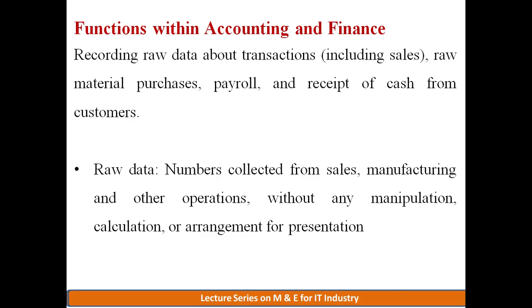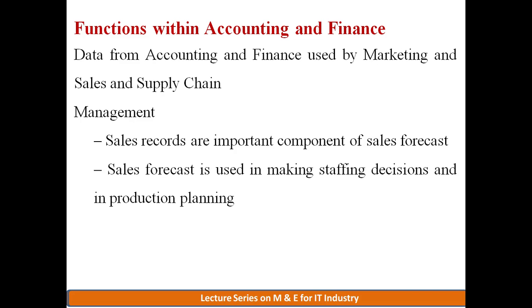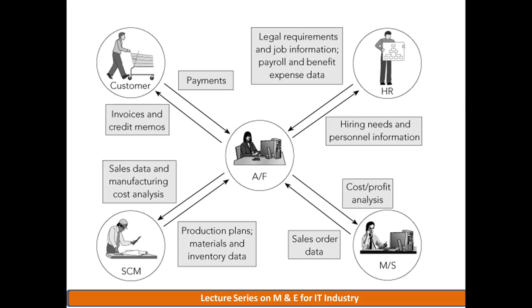Then data from accounting and finance is used by marketing and sales and supply chain management. The sales records are an important component of the sales forecast, and the sales forecast is used in making staffing decisions and in production planning. So here the accounting and finance takes data from the customers, HR, marketing and sales, and supply chain management.